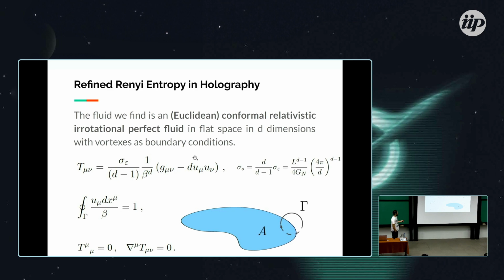And the thing that one must take care of is that the boundary conditions for this solution are to be well defined at infinity, but also there are these topological properties that have to do with the vorticity of the solution around any form of this entangling surface that one wishes to solve. At this point, the T mu nu is conformal and it solves the equations of motion of the fluid, and the only trace of the theory being holographic is captured in this Stefan-Boltzmann constant in front, which is the only trace of G_N that appears here.